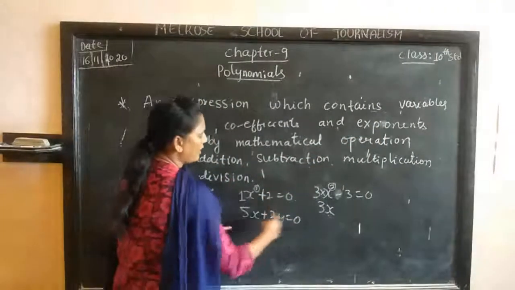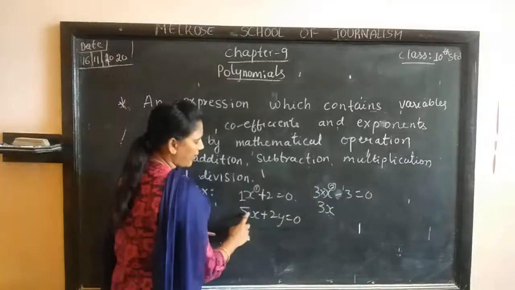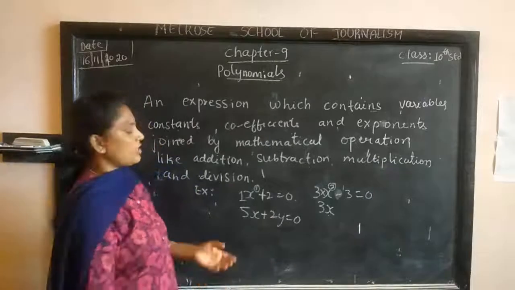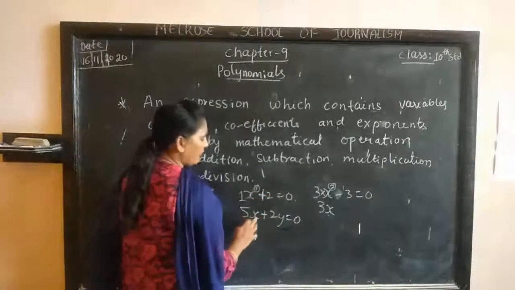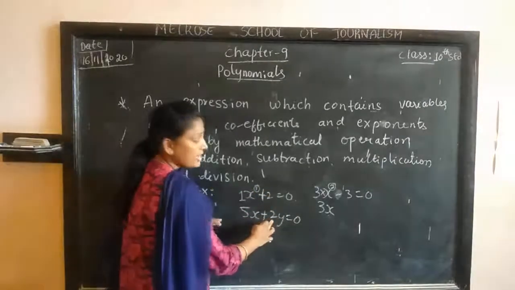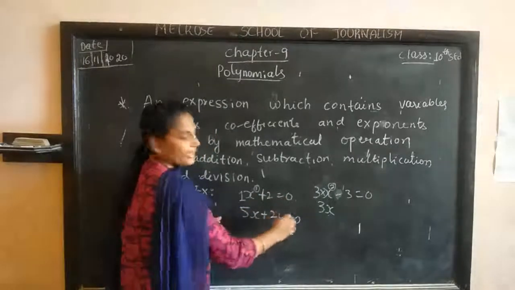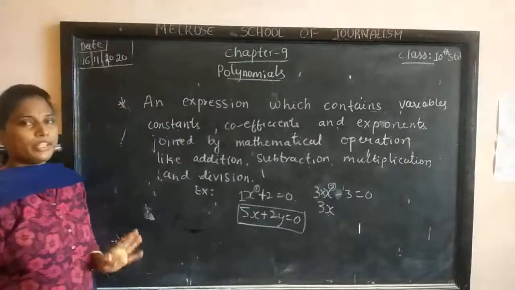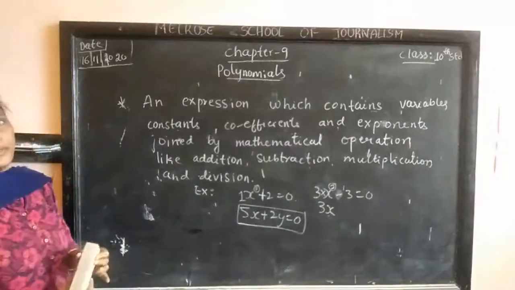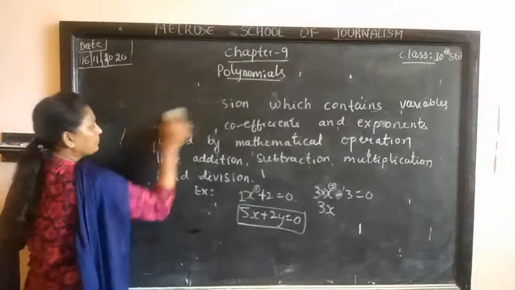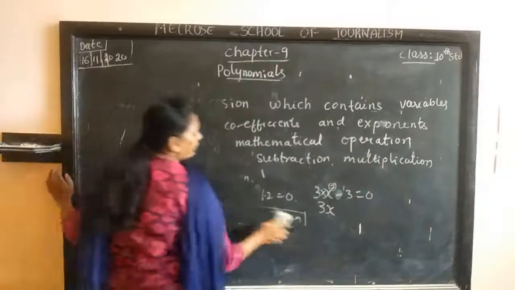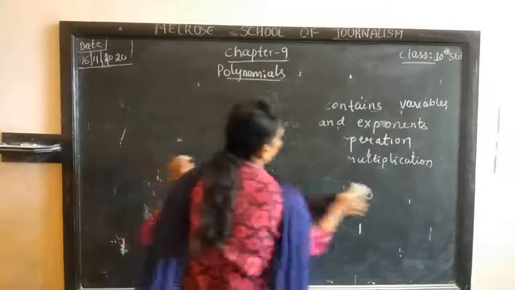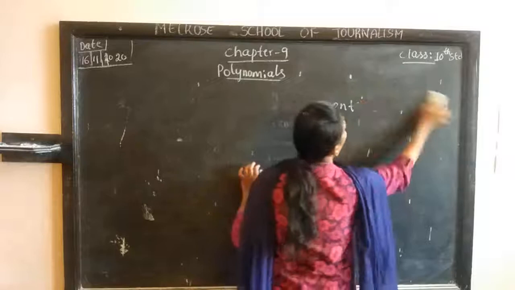Or how are these joined? They are joined by the mathematical operations. Here 5 into x plus 2 into y. These are all mathematical operations. So after taking the variables, constants, coefficients, and joining them with mathematical operations, what you get is known as a polynomial. That is the clear definition of a polynomial. In polynomials, we have different types, like linear equation, quadratic equation, cubic equation.